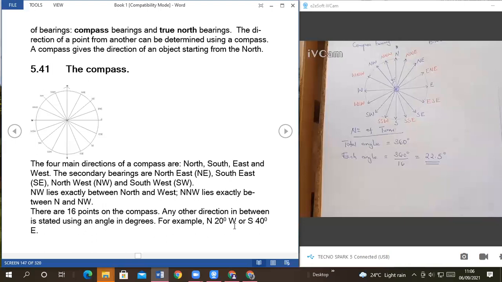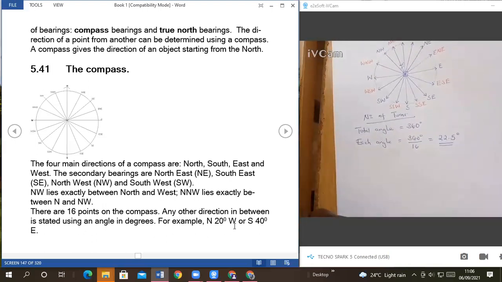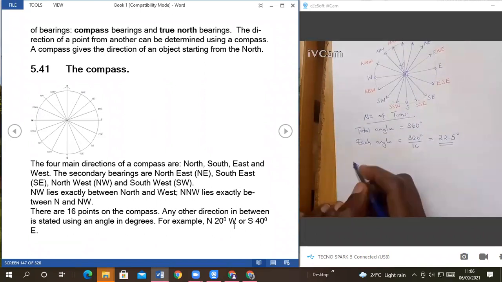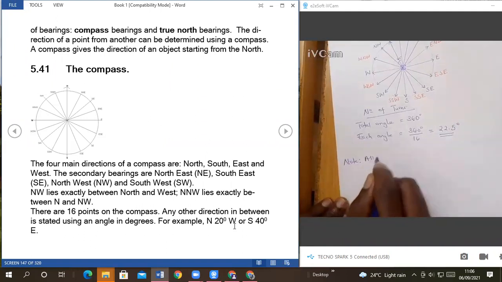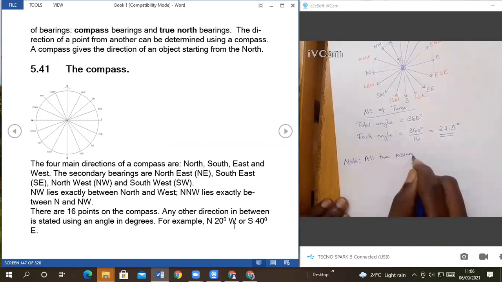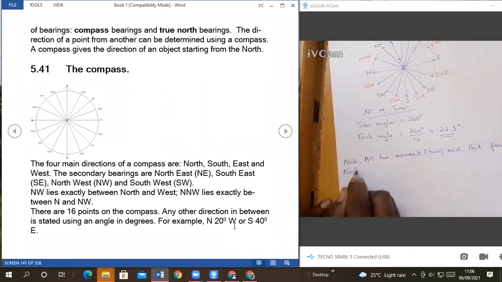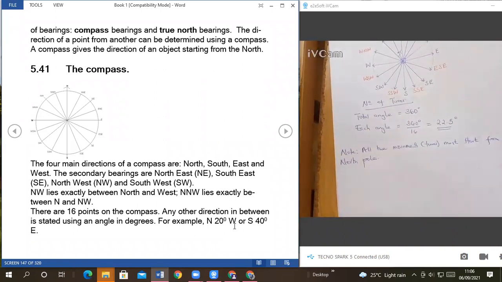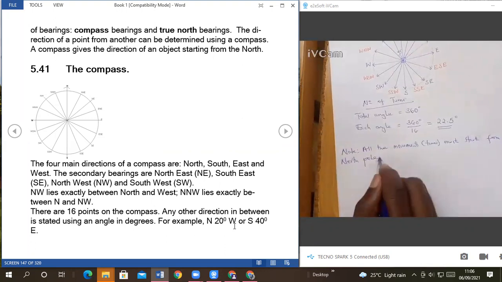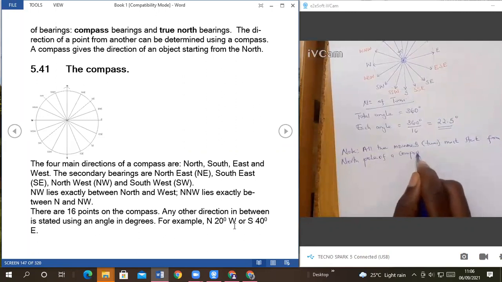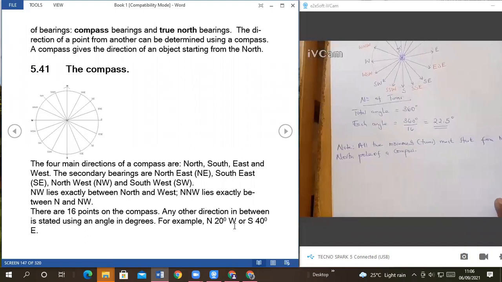So members, when you are using a compass bearing, all the movements or turns must start from the north pole of a compass.